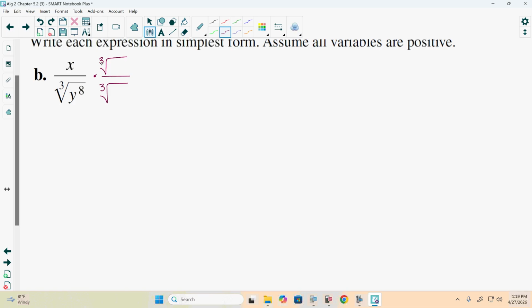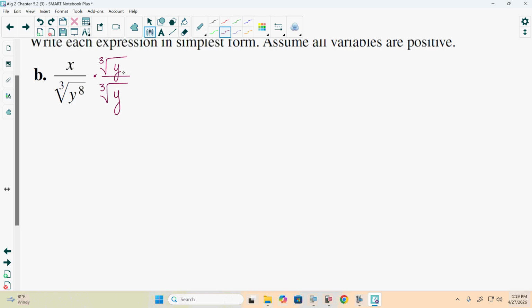What is the next number after 8 that is divisible by 3? 9. How many more do I need to get to 9? 1. So what I need to do is multiply it by the cubed root of y. And what we multiply it by on top and bottom, that exponent inside the radical should not be bigger than the index. We should not multiply by a y bigger than a power of 3.